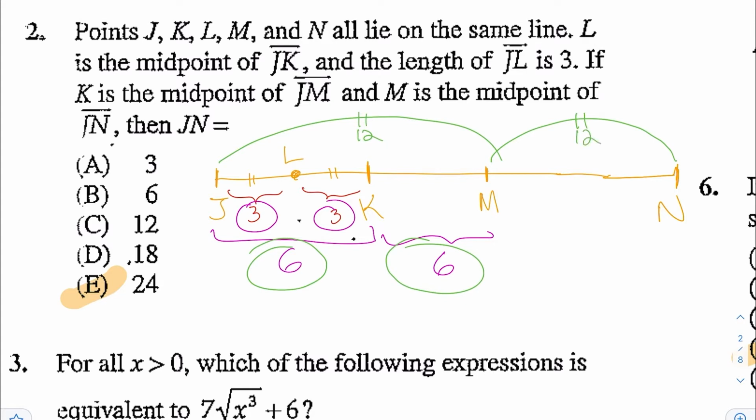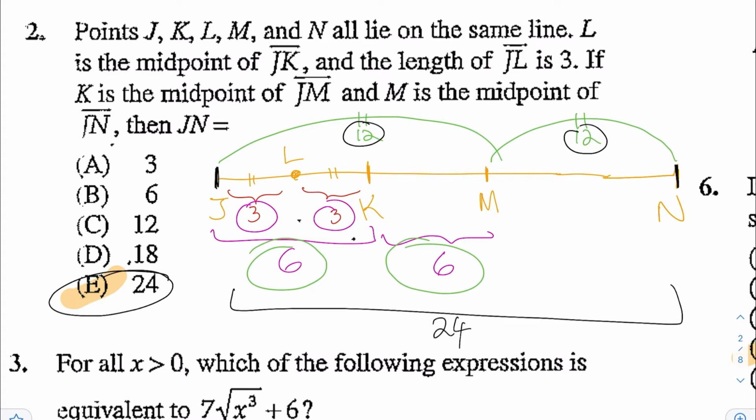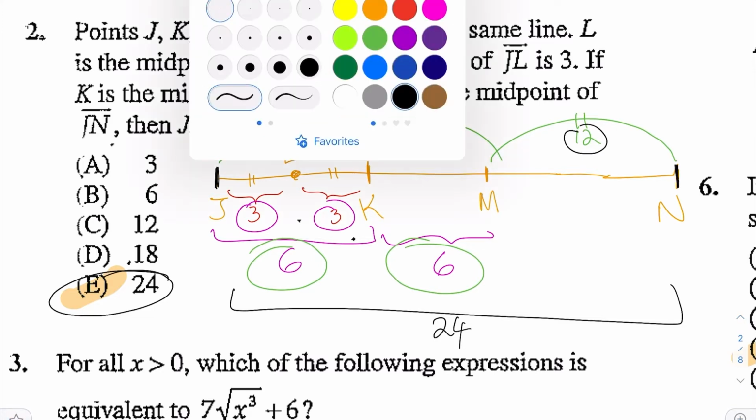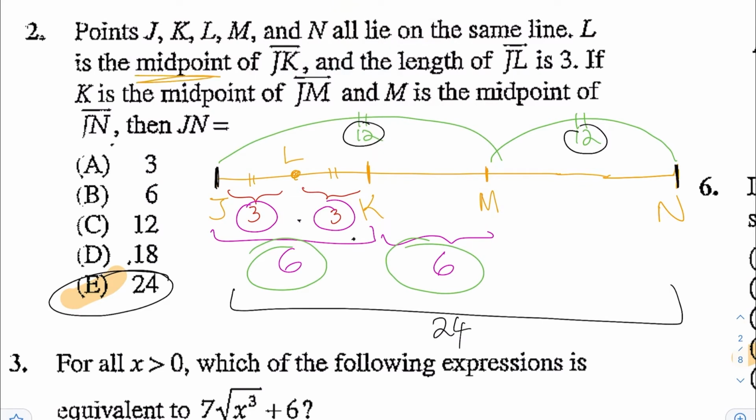So that means that M to N is also equal to 12. And last but not least, you want to know the point J all the way over to N. So that's going to be 12 plus 12, which is choice E, 24. So all these line segments add up to 24. All right, so again, the key is just midpoint, and midpoint is the middle.